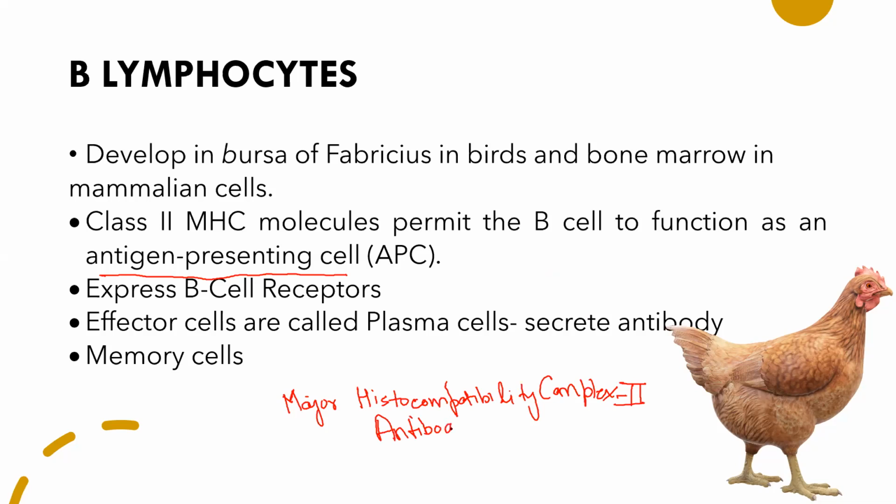but only when they differentiate into plasma cells. B cells can differentiate into plasma cells, which are called effector B cells.